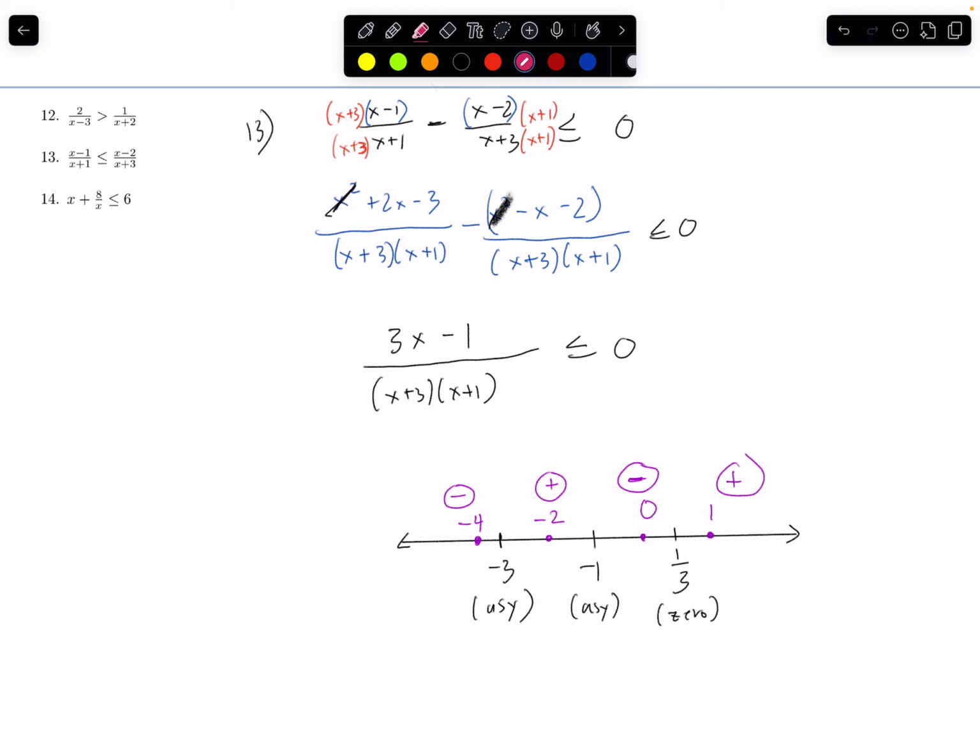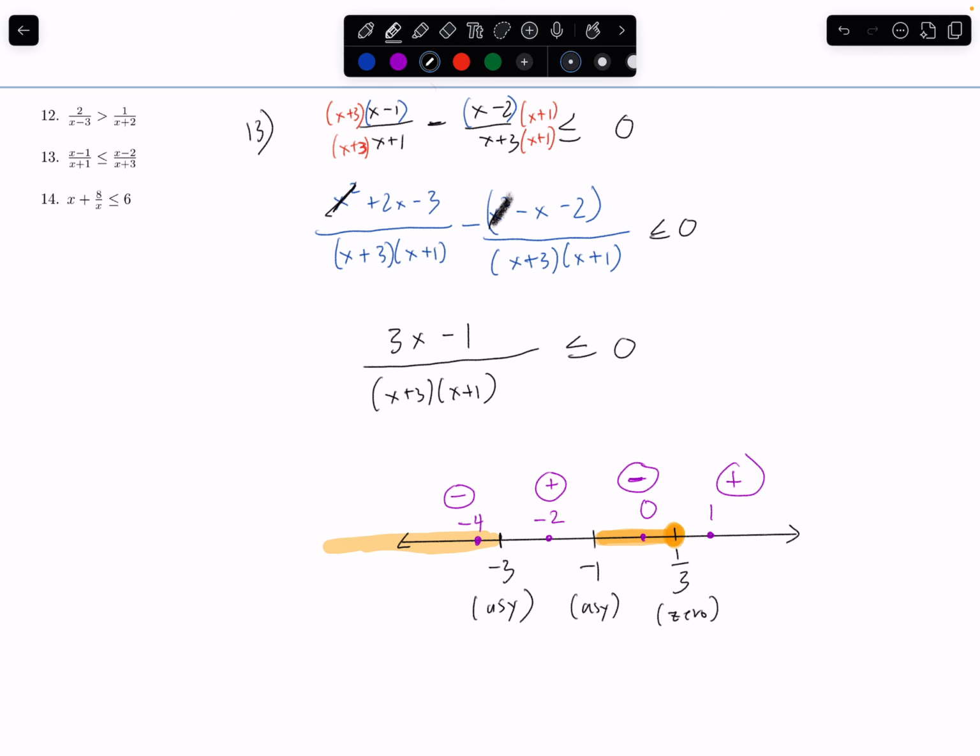Okay, so now what am I looking for? I'm looking for where my inequality is less than or equal to 0. So that should be the less than areas, right, from here. And also any points. This one is not included, though, because that's an asymptote. And then over here, in between these two regions, I should include that. This one's not included because that's an asymptote, but the 1/3 will be included.